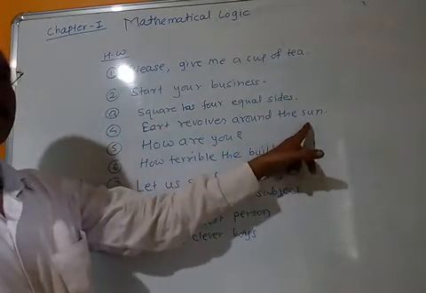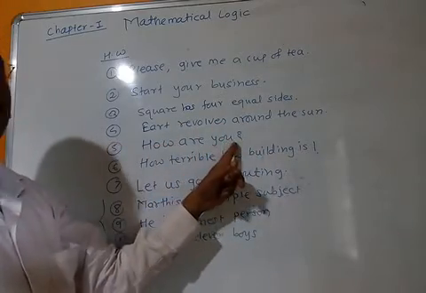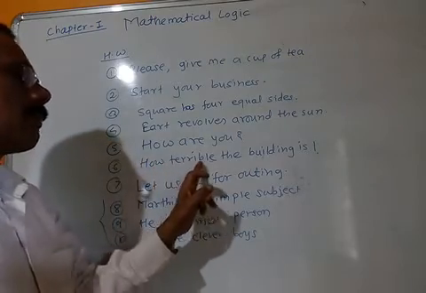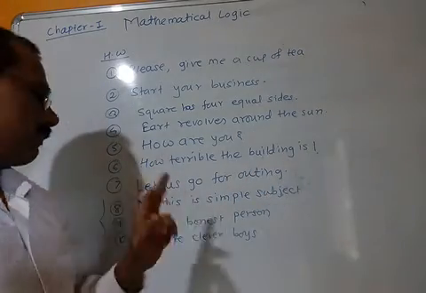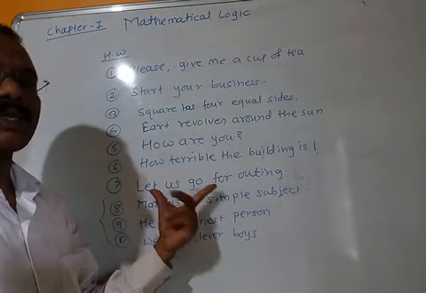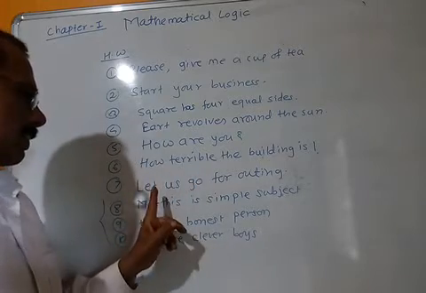Earth revolves around the sun: a statement, find the truth value. How are you? Question mark, not a statement, no truth value. How terrible the building is: not a statement. Let us go: it is an imperative sentence.